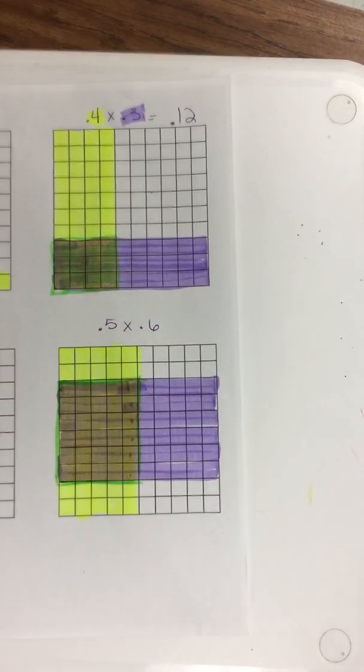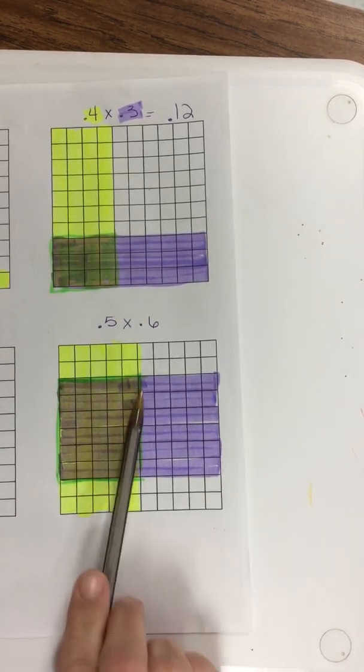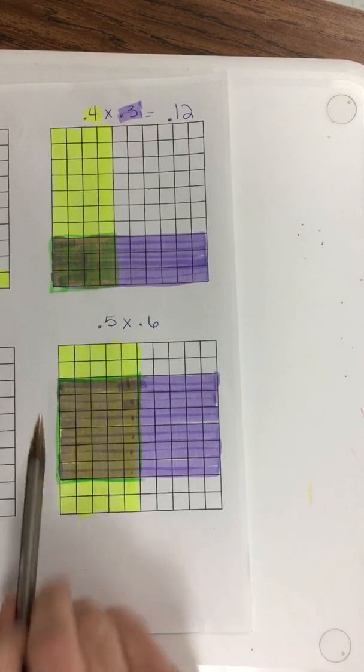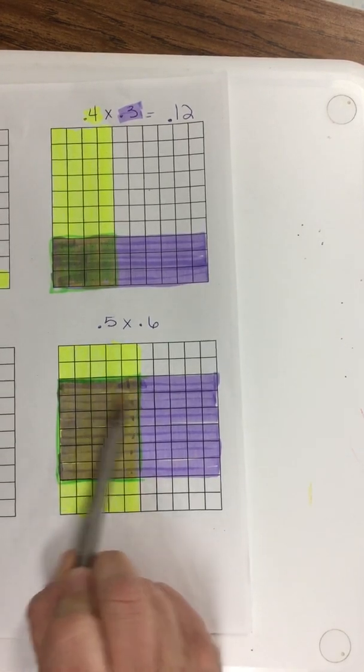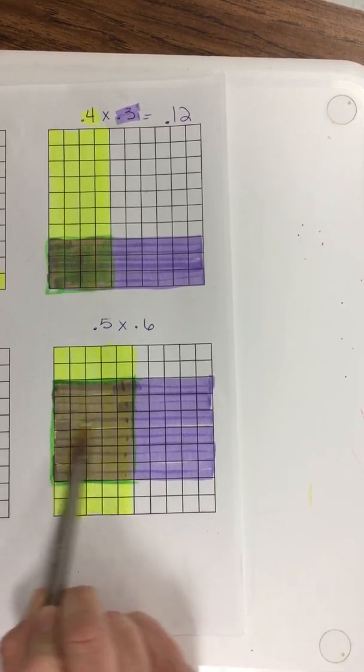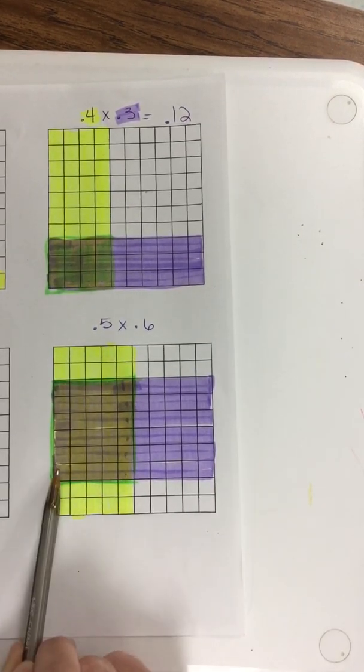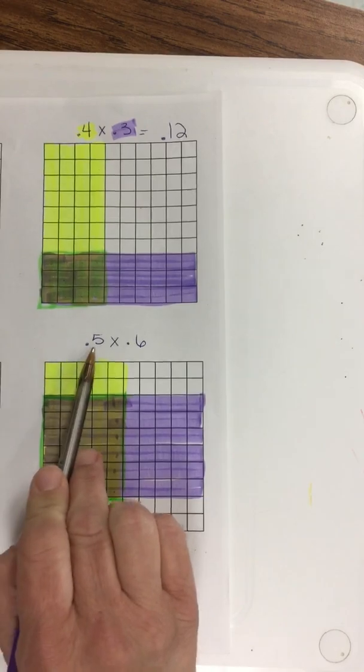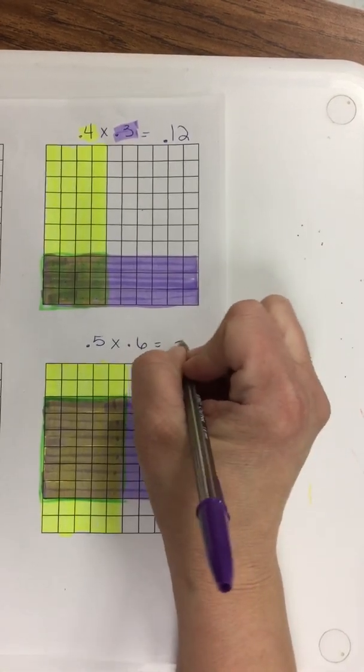Okay, so where they overlap is all of those squares that I just boxed in green. So 1, 2, 3, 4, 5. 5 across. So I'm going to skip count by 5. 5, 10, 15, 20, 25, 30. And that makes sense because 5 times 6 is 30.